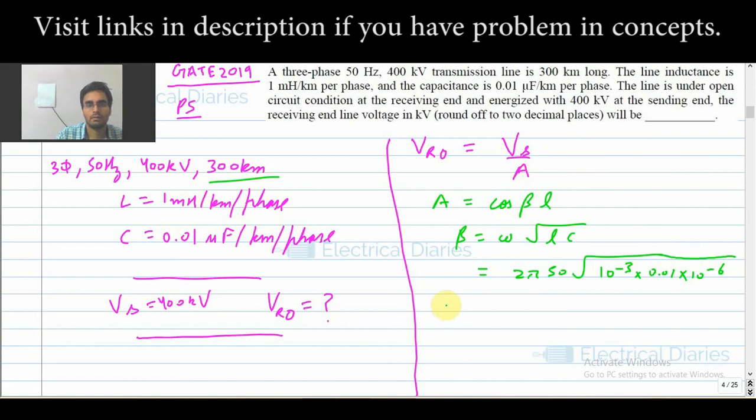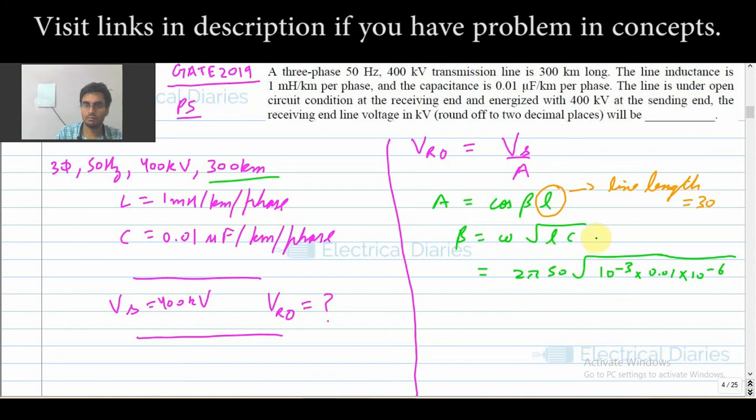To avoid confusion, this L is the line length, 300. One thing you should remember in this question is omega under root LC.